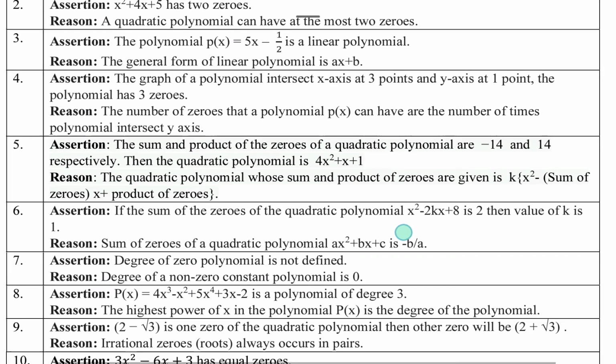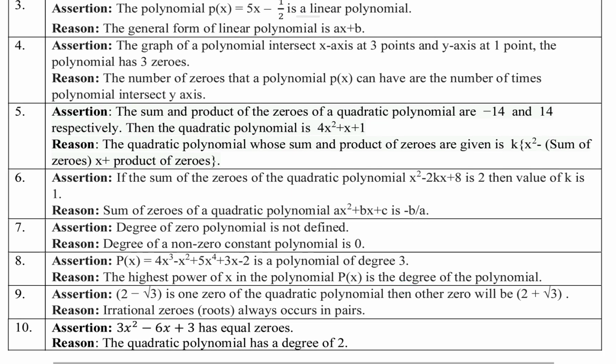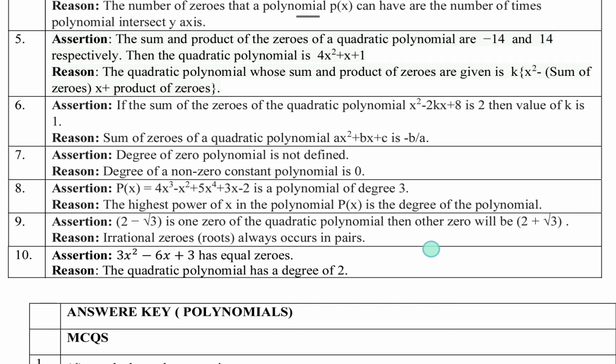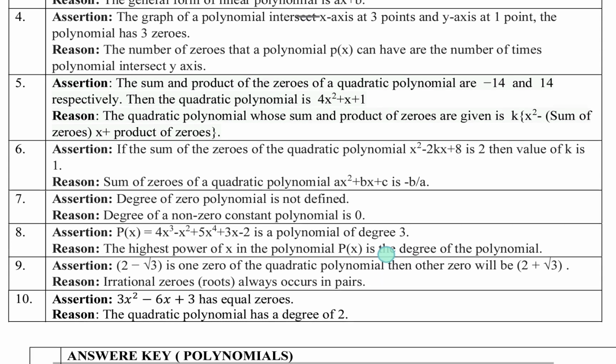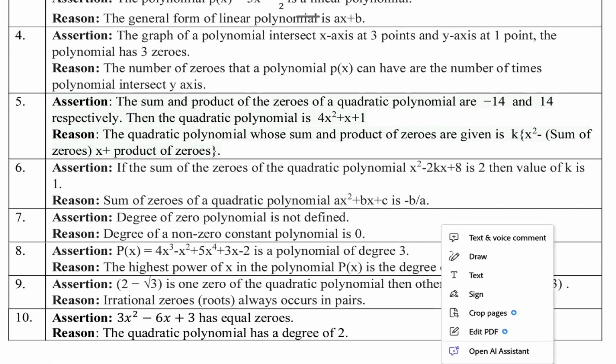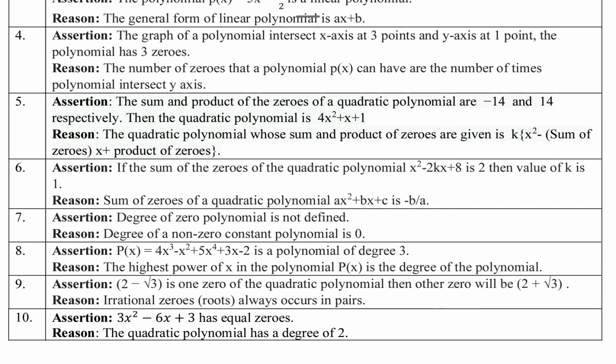These are the assertion and reasoning questions they will ask. I hope you understood. These are all the questions and answers we have discussed in the polynomials. Most important and repeated questions, and what type of questions will come, everything we have discussed.